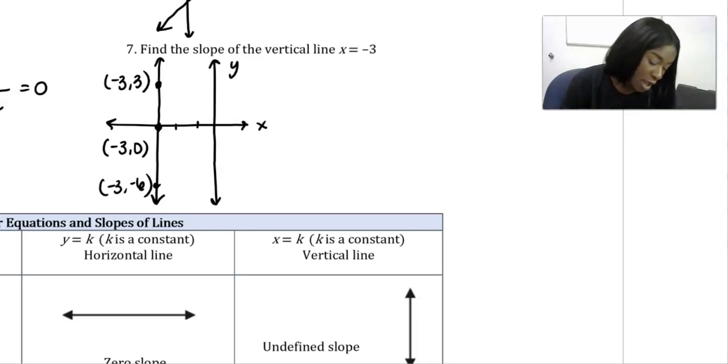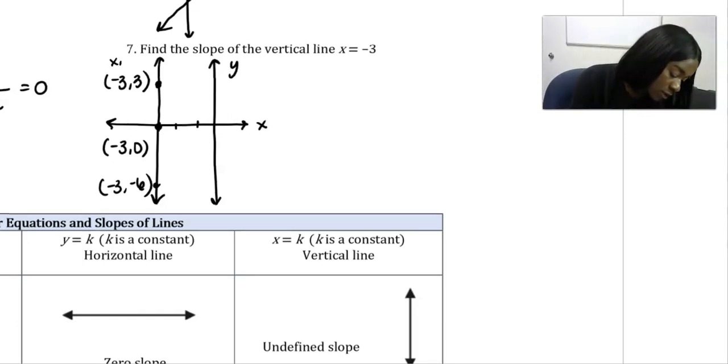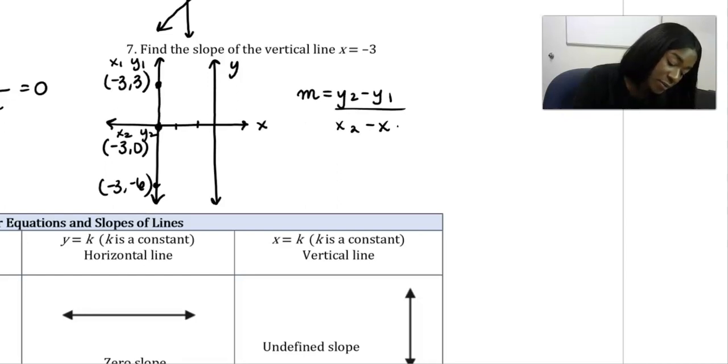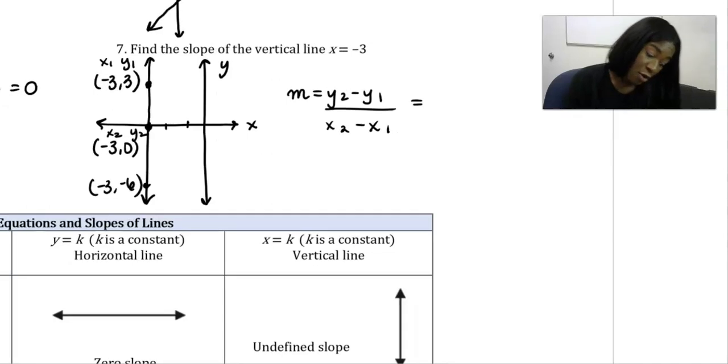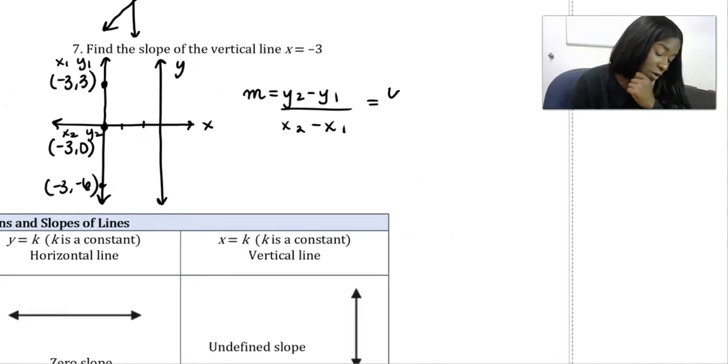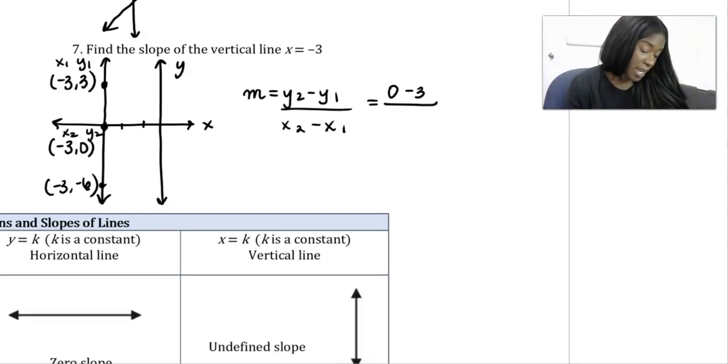So let's say this is x1, y1, and this is x2, y2. Slope formula is y2 minus y1 over x2 minus x1. I'm going to start plugging things in now. When I plug in y2, I have 0. When I plug in y1, we have 3. When we plug in x2, we have a negative 3. And when we plug in x1, we have a negative 3 as well.